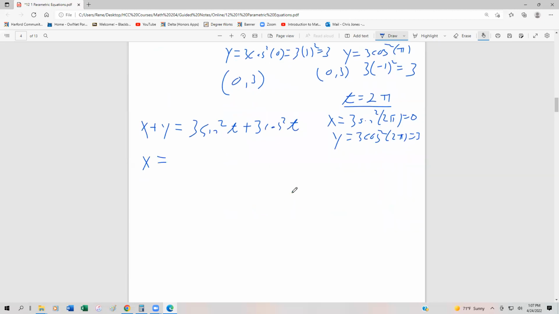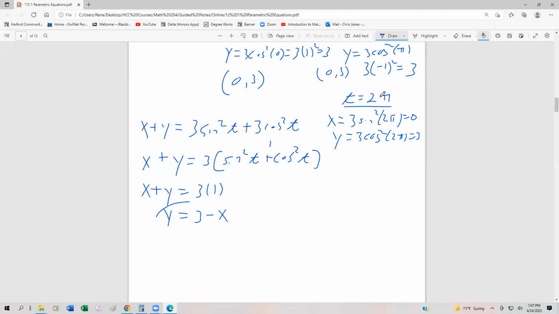So x plus y is going to be equal to 3 times (sine squared t plus cos squared t), and we know that this is 1. So we get x plus y is equal to 3 times 1, or y equals 3 minus x.